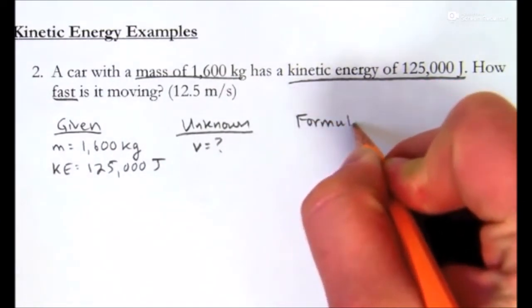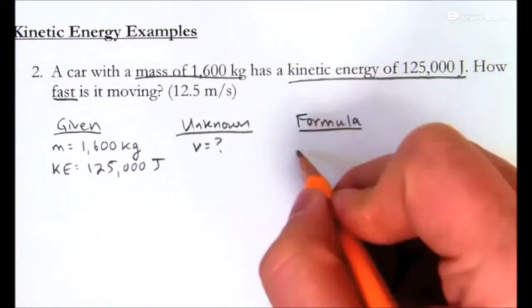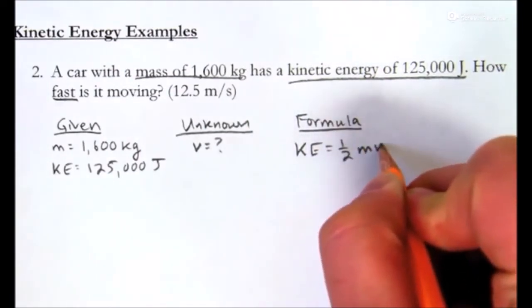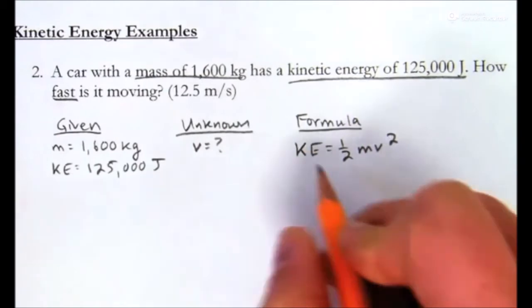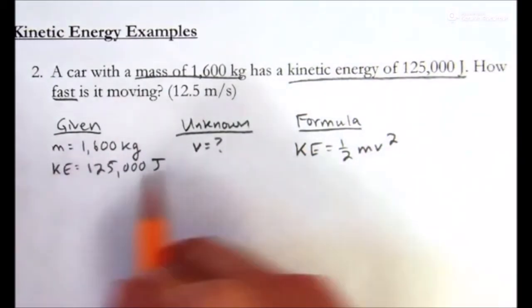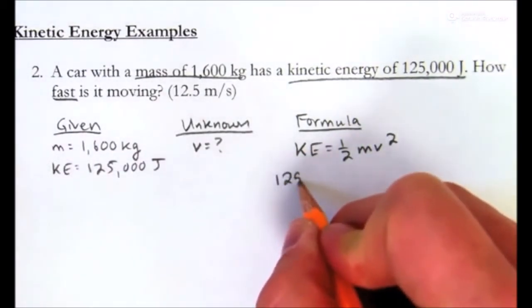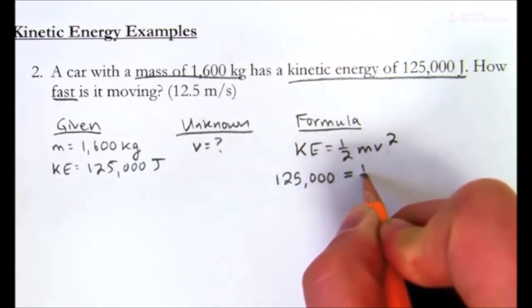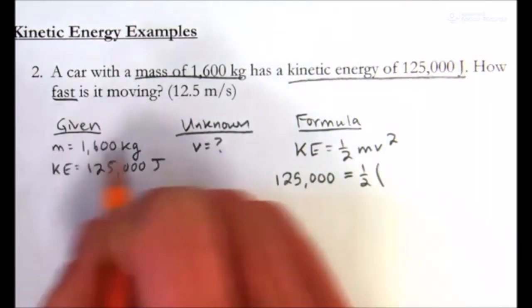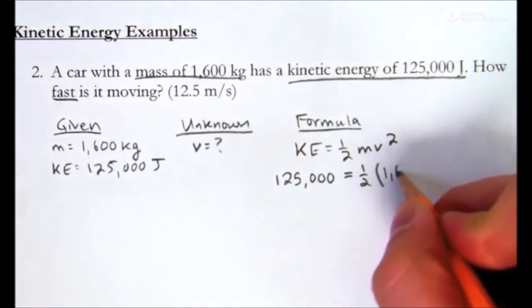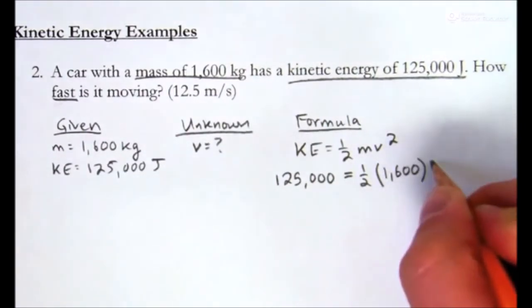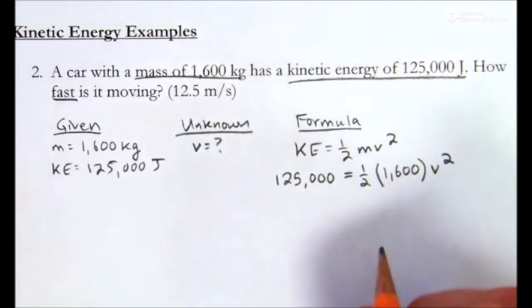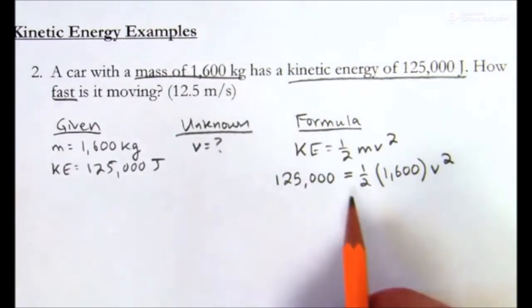So what is the known formula with us? It is the kinetic energy formula, half mv square. So let's put all the values which are known to us. Kinetic energy as 125,000 joules. Put the value of mass also. Now here the value of velocity is unknown, so we are just rewriting v square.